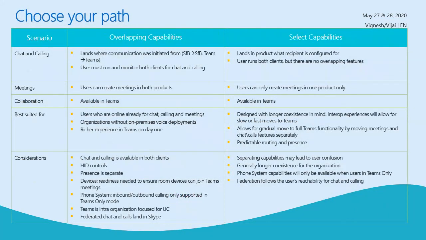So this is how you can choose your path. Whatever we discussed till now, I put in a tabular format: what the overlapping capabilities and selected capabilities are, how chat and calling, meetings and collaboration work, what each is best suited for, in which scenario the approach is suited, and what the considerations are. Before we select which approach to take, we need to consider certain things: whether we have meeting rooms, what we are going to do with federated chat, what we are going to do with the phone system, and whether device readiness is available.